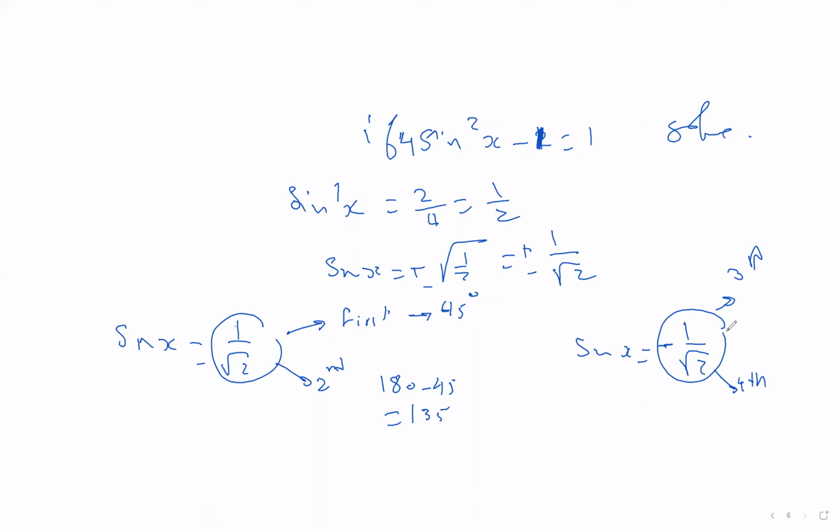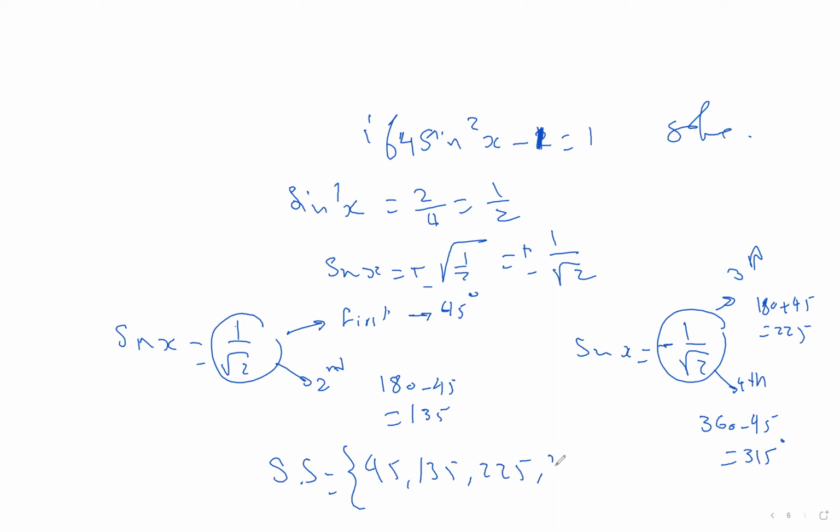In the third it will be 180 plus 45, which is 225. And in the fourth it will be 360 minus theta, where theta is 45, so it will be 315. Then the solution set will be 45, 135, 225, 315.